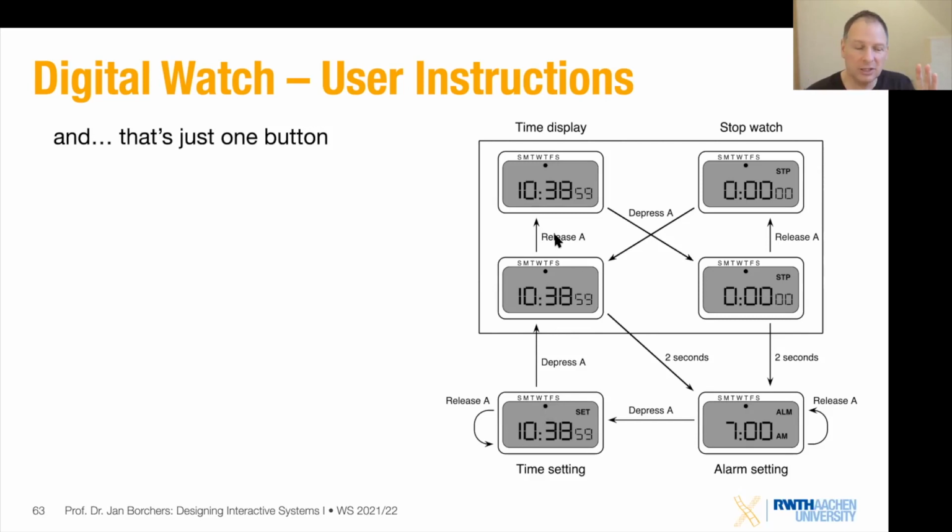So this is better than the original version because it makes certain design choices that we have made more explicit. But that's just talking about one button on a simple digital watch. So you can see this is a tricky beast, right?